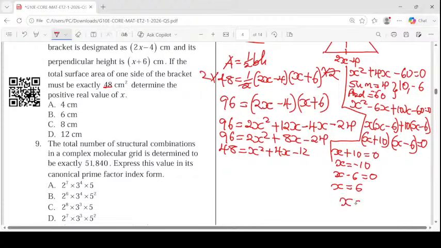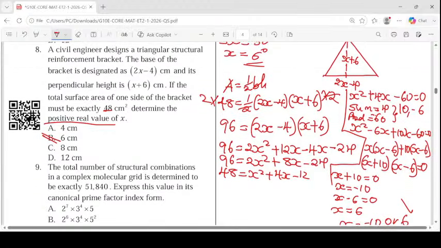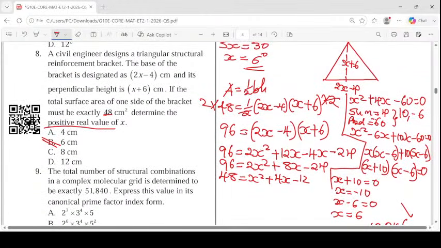So x can be equivalent to negative 10 or positive 6. But here they want to determine the positive real value of x, so you take the positive value, which is 6. So x is equals to 6. That gives the correct answer as option B for boy.